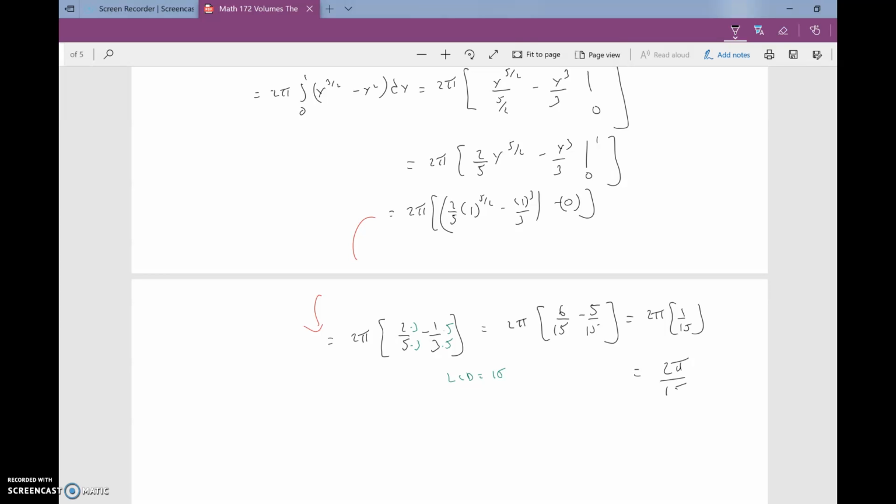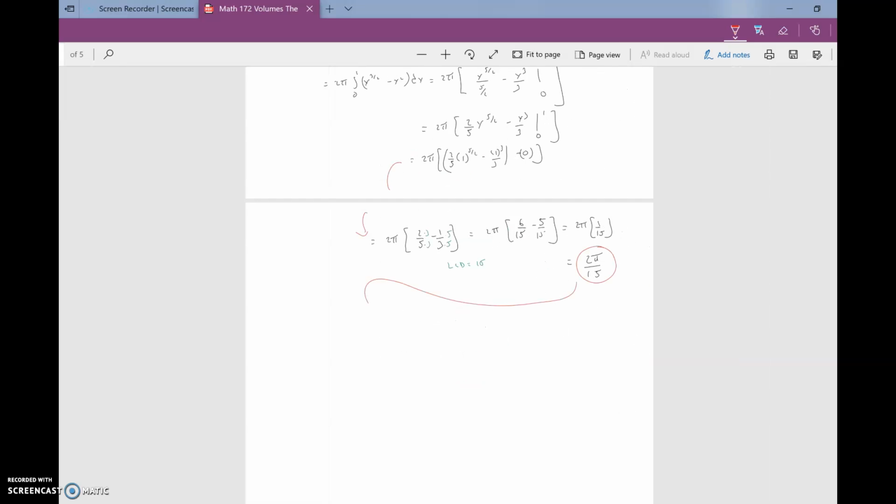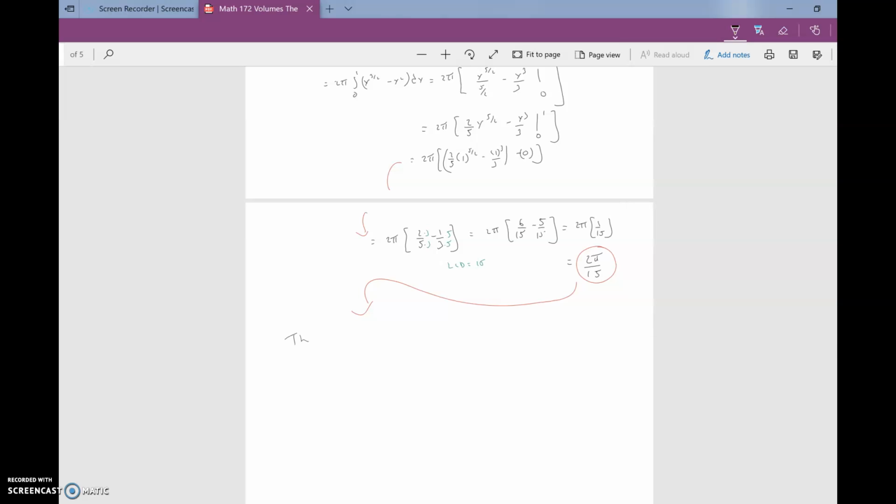That's an exact answer. Okay, so let me just wrap it up. So the volume happens to be equivalent to 2 pi over 15 units to the third power for this one.